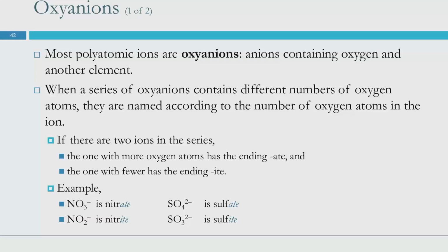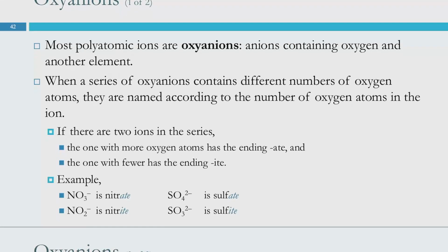So like we had chromic, chromous, we usually have different endings, sometimes different beginnings, for our oxyanions. When we have two ions in a series, if it's just 2, the one with more oxygen atoms has the ATE ending. The one with fewer has the ITE ending.